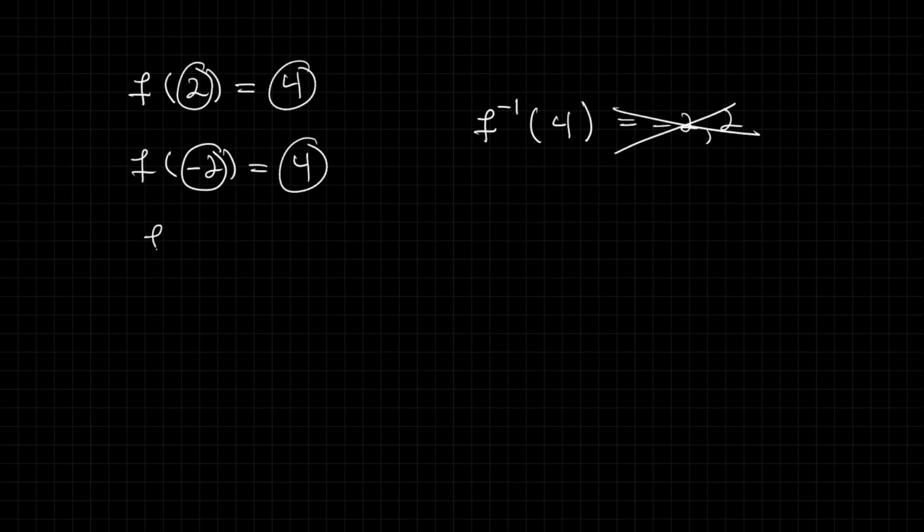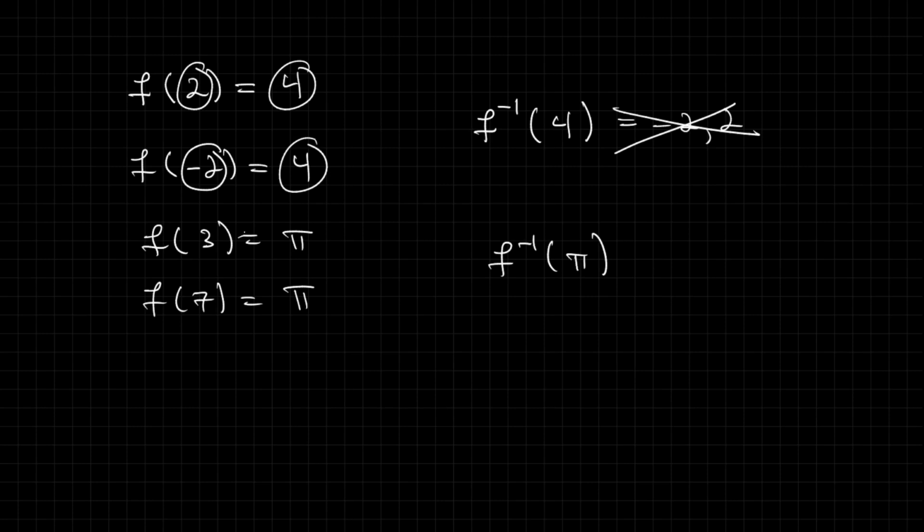So for example, if we knew that f of 3 was equal to pi and f of 7 was equal to pi, then the function that we're describing is not going to have an inverse, because as soon as we try to do f inverse of pi, we wouldn't be able to say what this is, because there's multiple inputs that give me pi as an output.